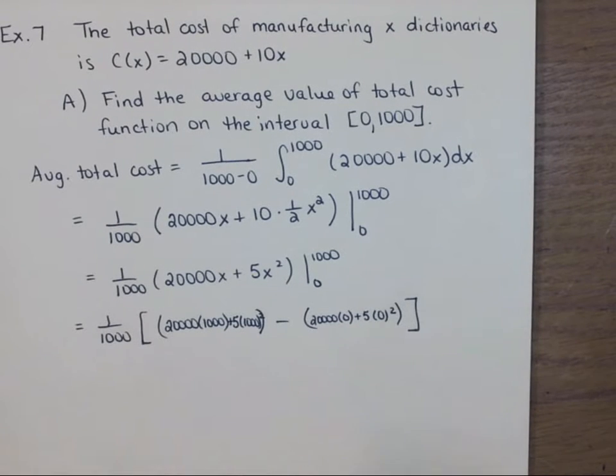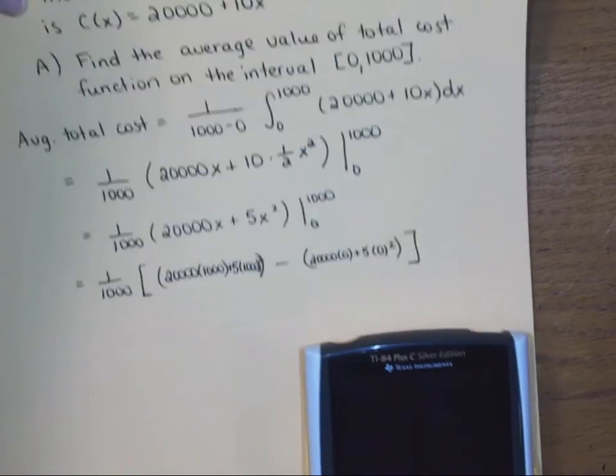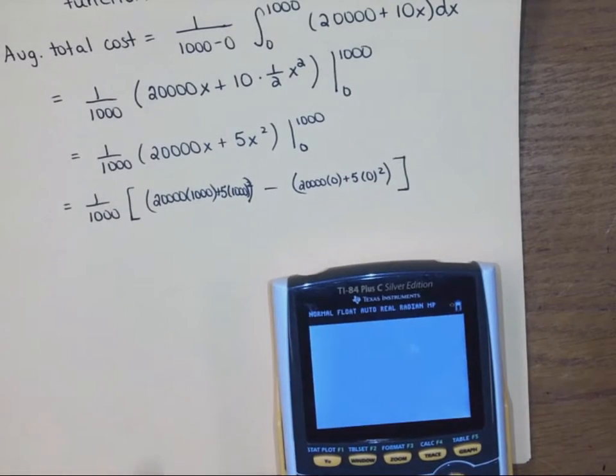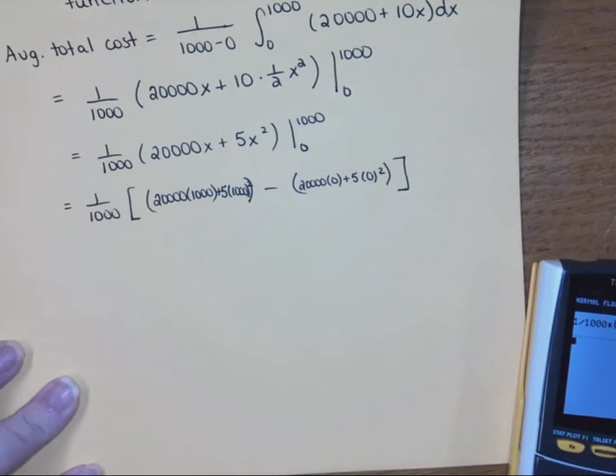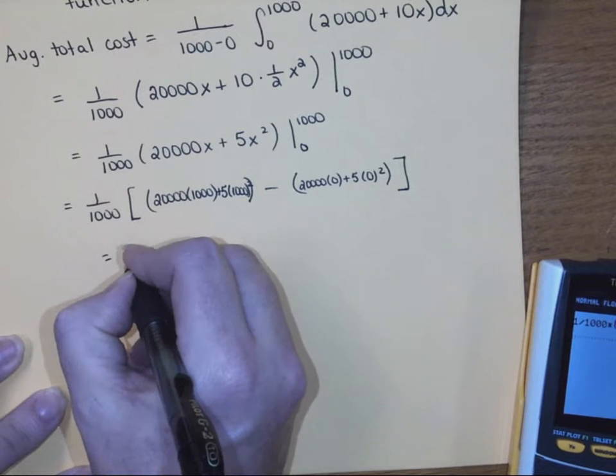So now we just need to figure out what this is. Use your calculator. I'm not even going to enter in the last part. So it's 1 over 1,000 times 20,000 times 1,000 plus 5 times 1,000 squared. I'm not going to enter in the minus part because I know it's a big fat 0, but you can. And notice in the end you get 25,000.